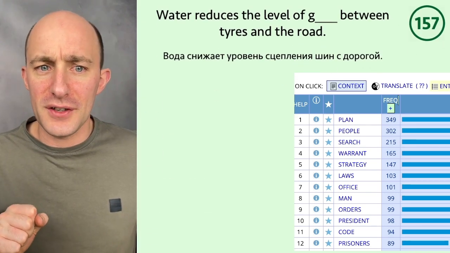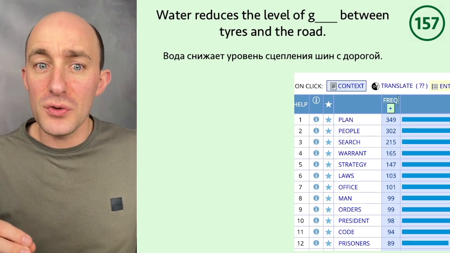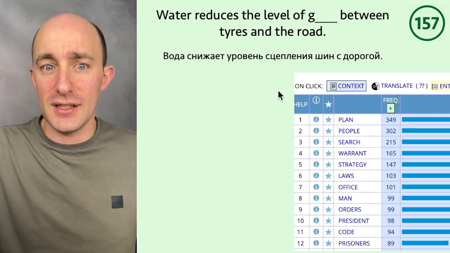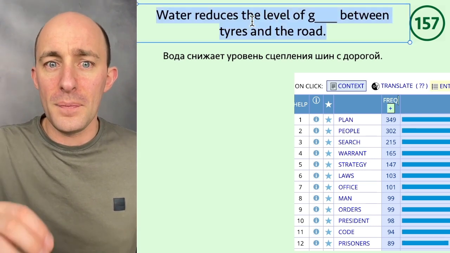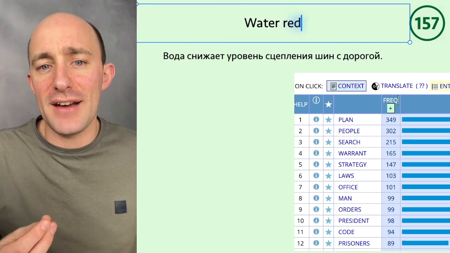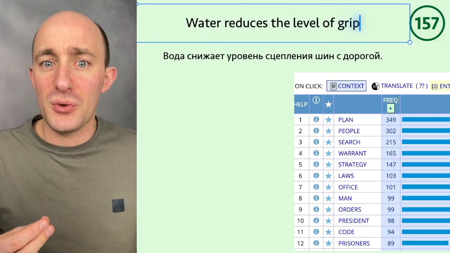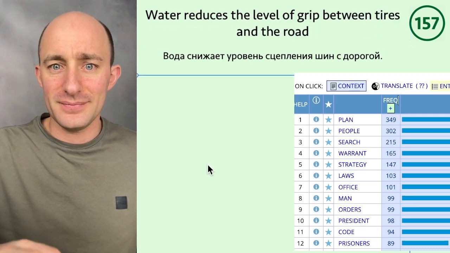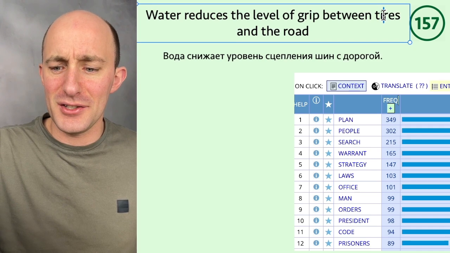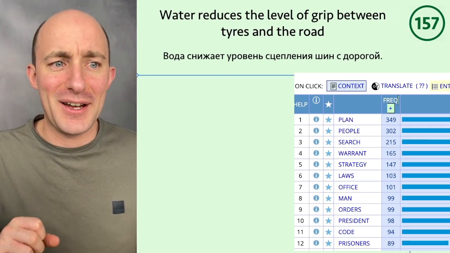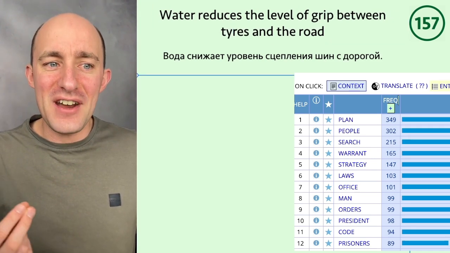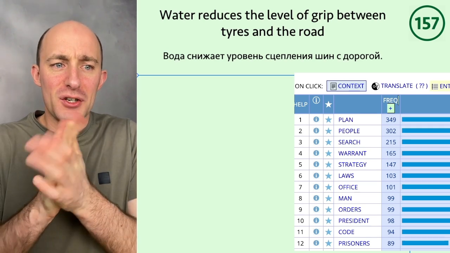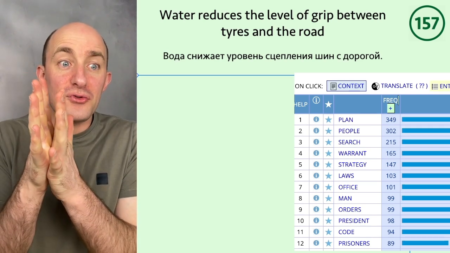Next word, 157. Вода снижает уровень сцепления шин с дорогой. Water reduces the level of grip between tires and the road. American tires. Let's have British tires. There we go. Tires. Grip. We can also talk about friction.